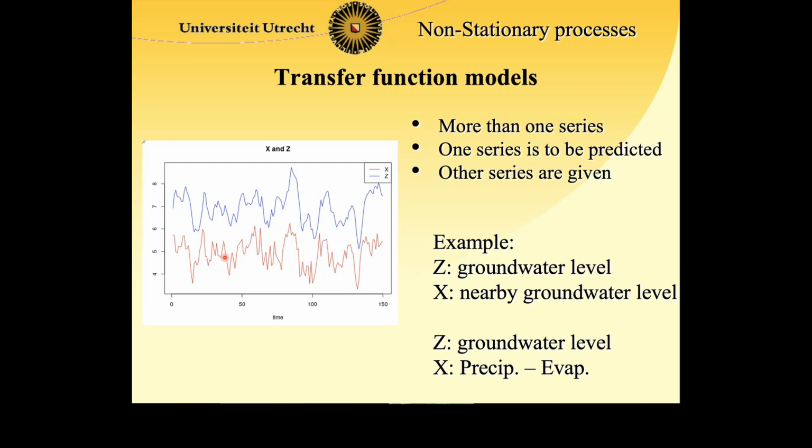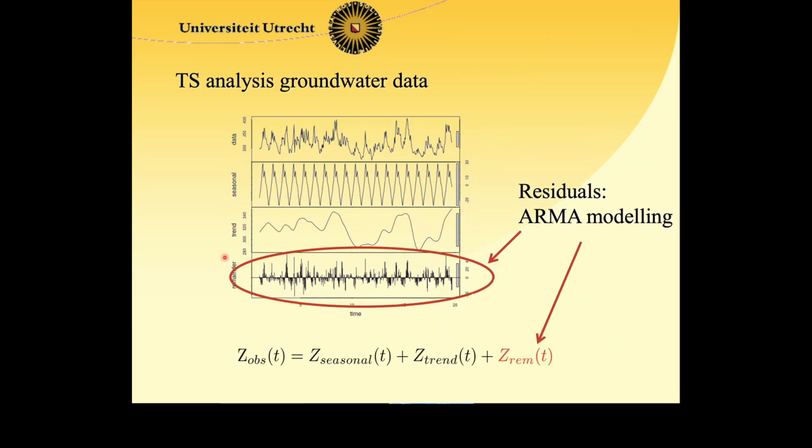So what would you do in practice if you want to apply this? Well, I'd say the following. If you don't have any explanatory variable, then I would basically explicitly get rid of the seasonal and the trend and do the ARMA modeling, so a stationary modeling, on the residual.